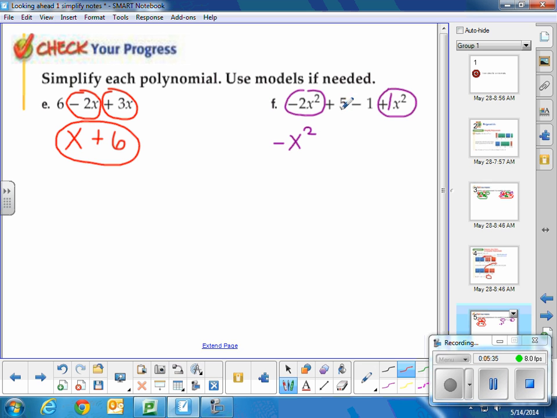And then if we move on to our numbers, we have a positive 5 and a negative 1. If you put positive 5 and negative 1 together, 5 plus a negative 1 is a positive 4. So the answer would be negative x squared plus 4.